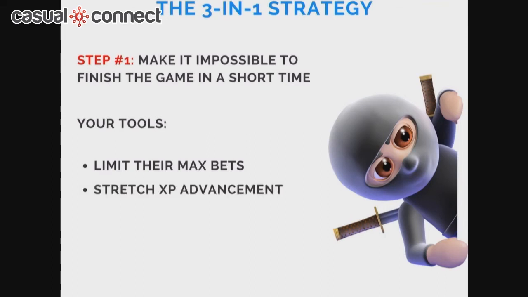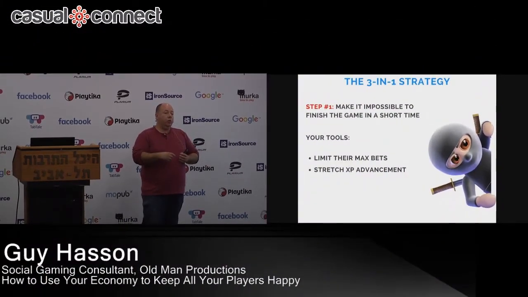And your other tool for that is you have to stretch XP advancement. This is a function of time. You know a spin is, say, 3 or 4 seconds, and you know how fast the player loses money.